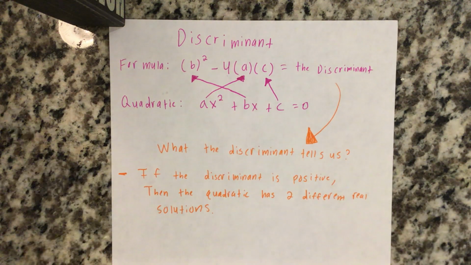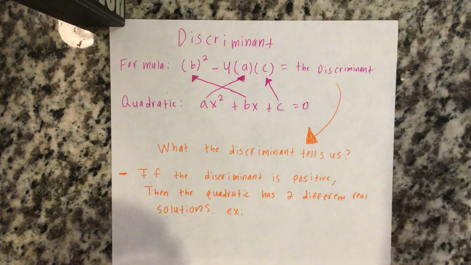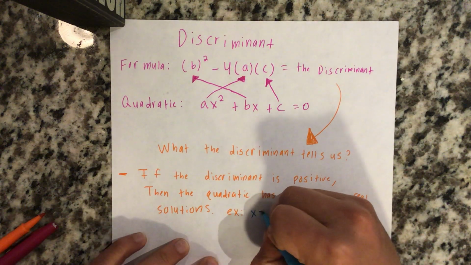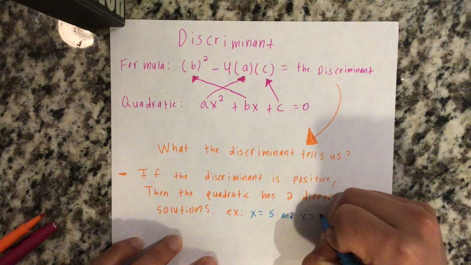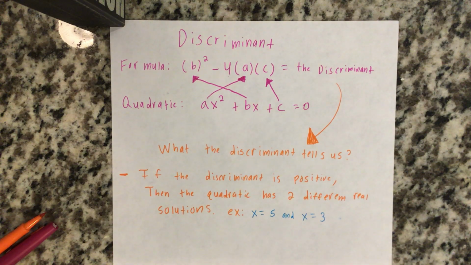For example, our solutions could be x equals 5 and x equals 3. Those are 2 different real solutions.